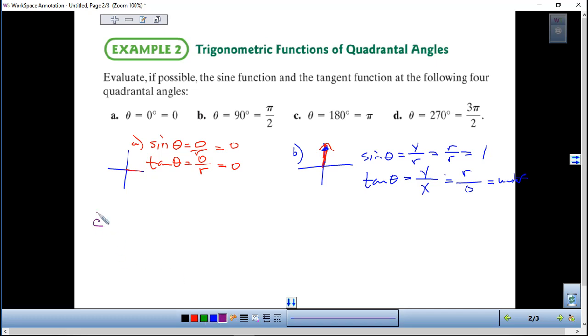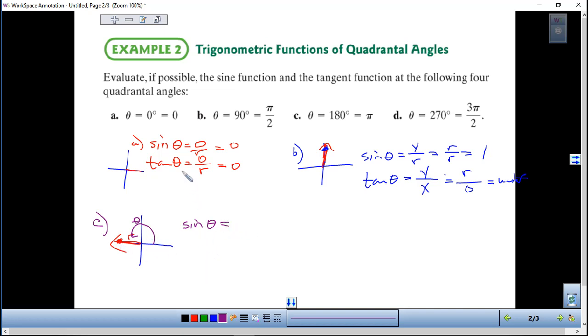All right, part C. We're doing 180 in this direction right here to some point out there. And then we do sine of theta. We're going to end up with what?